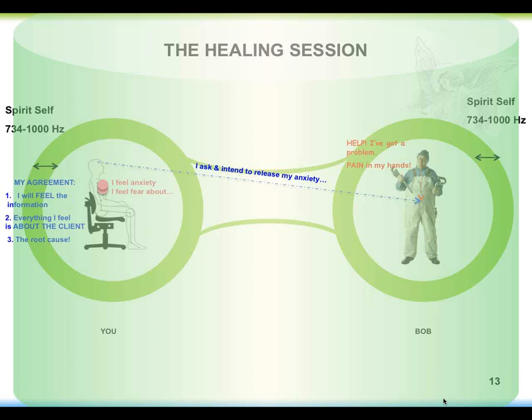The next feeling is fear. You have a sense of fear about the future, or some sort of fear. Once you are clear about that, then you feel it, it's somewhere in your legs or in your knees or somewhere. And if you're not sure exactly where it is in the body, then you don't have to say, focus on this part of your body. You just say, ask and intend to release my fear of the future or what have you. And Bob does the same thing.